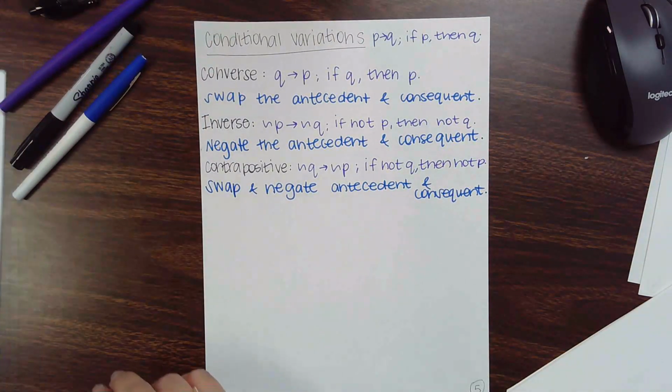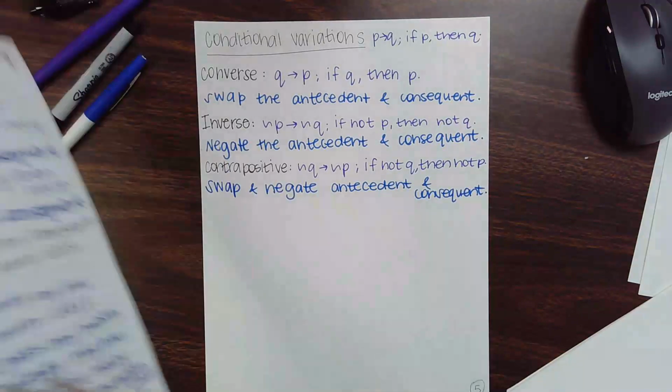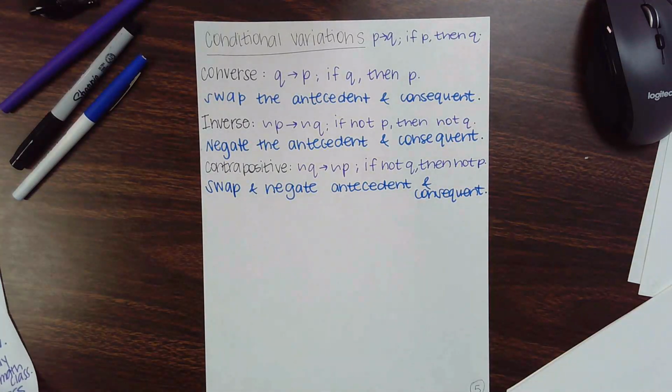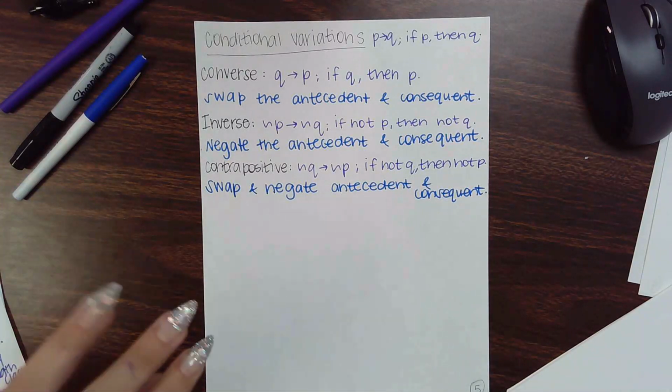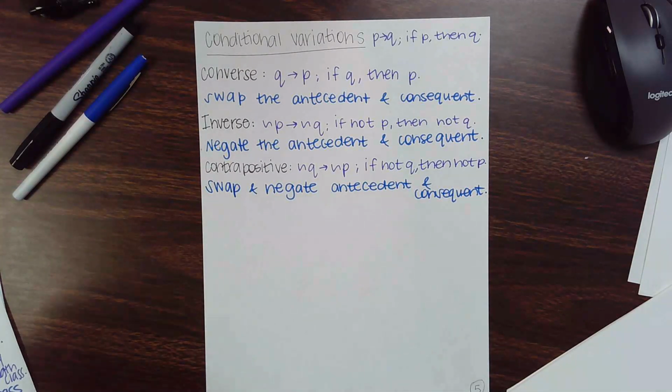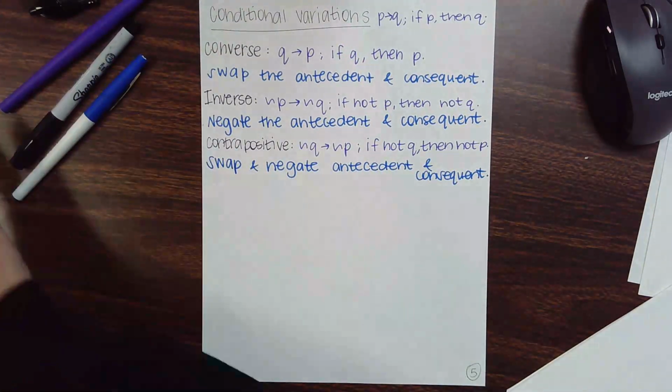Okay, y'all. I have a P and a Q statement. We'll write it the way it's supposed to be written as a conditional. We'll write its converse, its inverse, and its contrapositive, and that'll be it. Okay? So, here is our example.